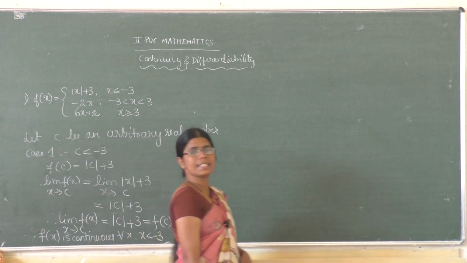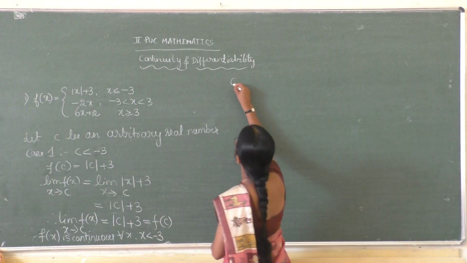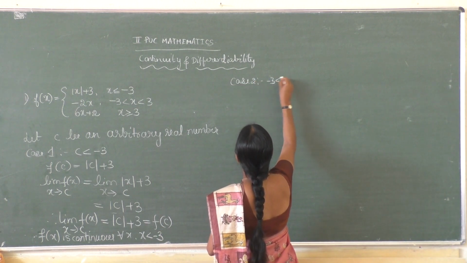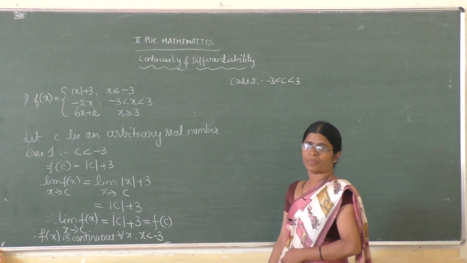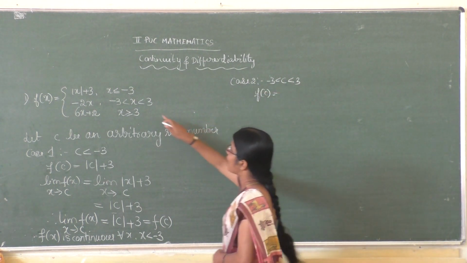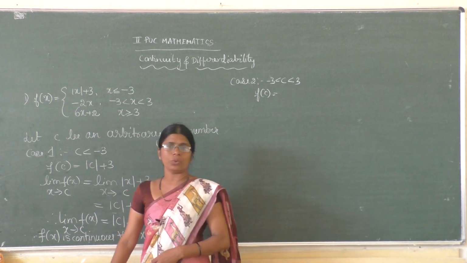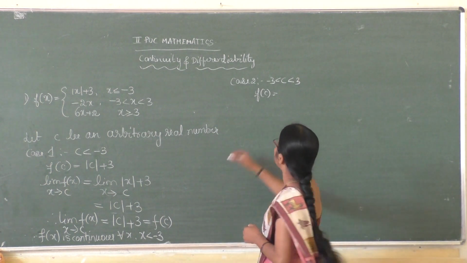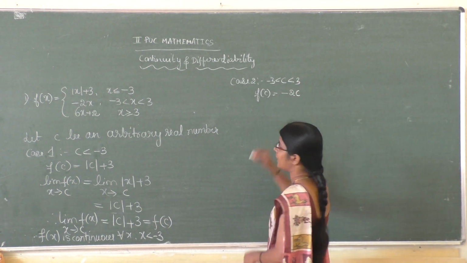Next, case 2, that is c greater than minus 3 and less than 3. In that case the function is minus 2x. So in the place of x we substitute c, and you are getting minus 2c.